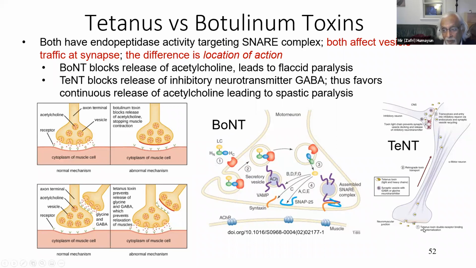So in this case, the muscle is in a continuous state of contraction because no inhibitory signal is reaching the neuron. Whereas in the case of botulinum toxin, both the uptake and the activity are at the same neuromuscular junction. Here, the cleaving of synaptobrevin leads to a blockage of acetylcholine delivery to the muscle, and therefore there's no contraction occurring. So you have a paralysis because muscles are not contracting.